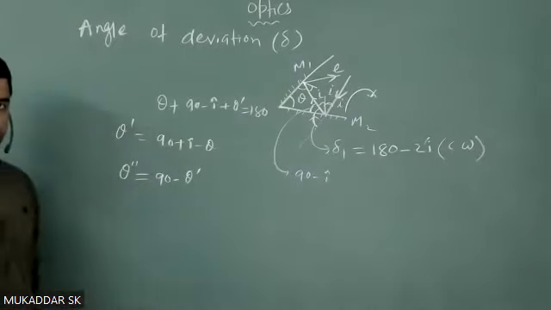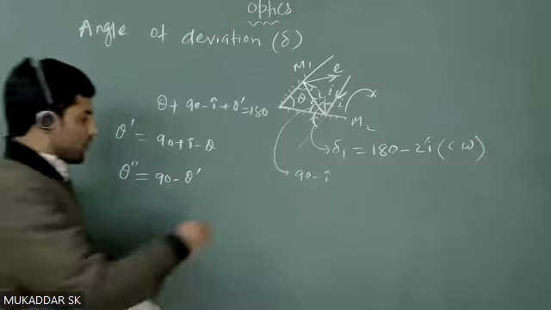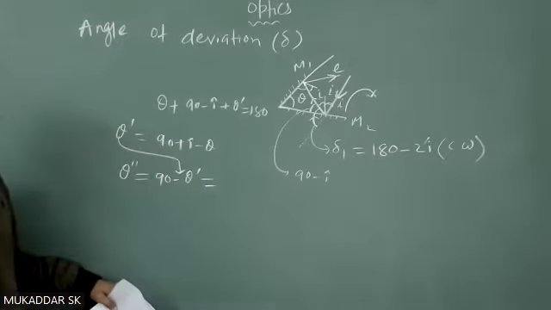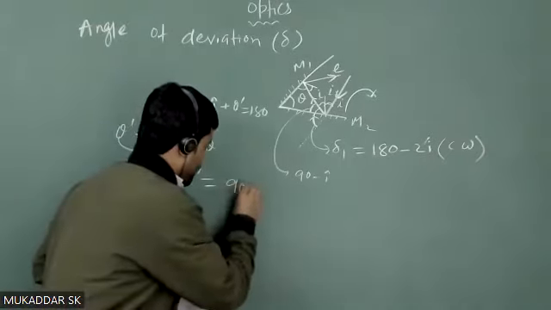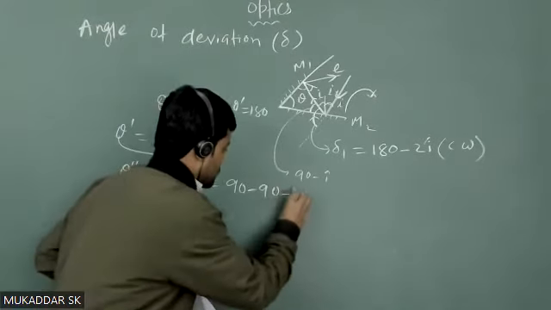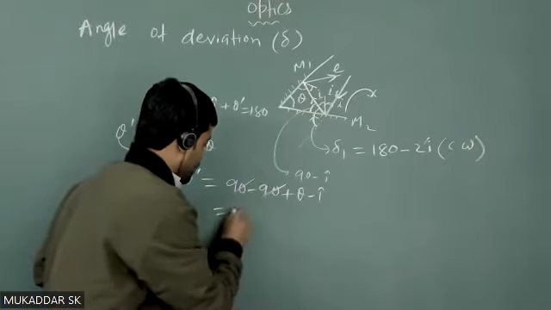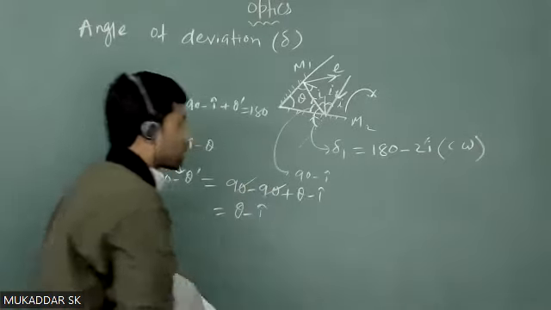Am I correct? Theta double prime equals 90 minus theta prime. Now if I substitute theta prime here, I get 90 minus 90 plus theta minus I. So this 90 will be cancelled and we get theta minus I.